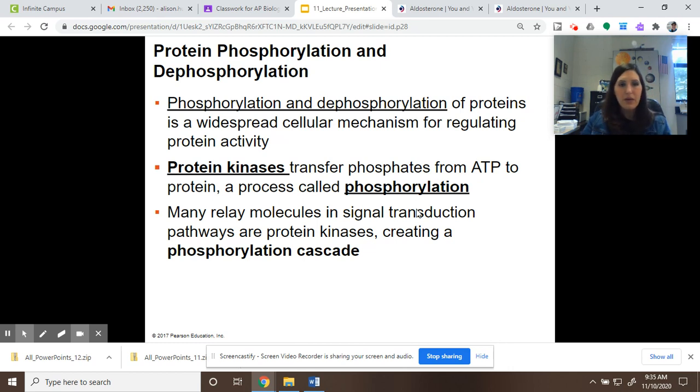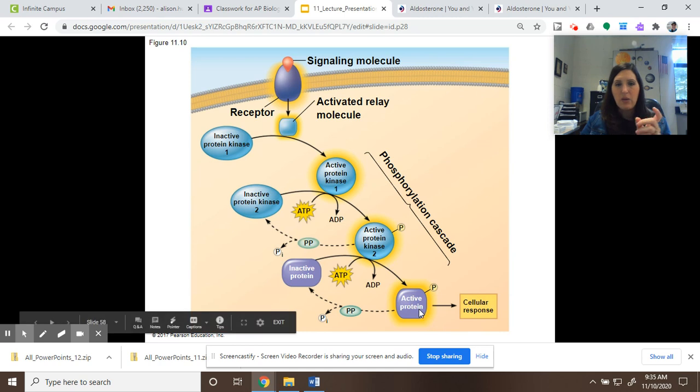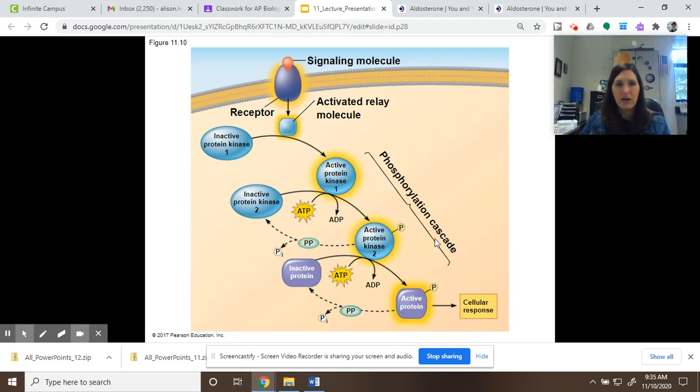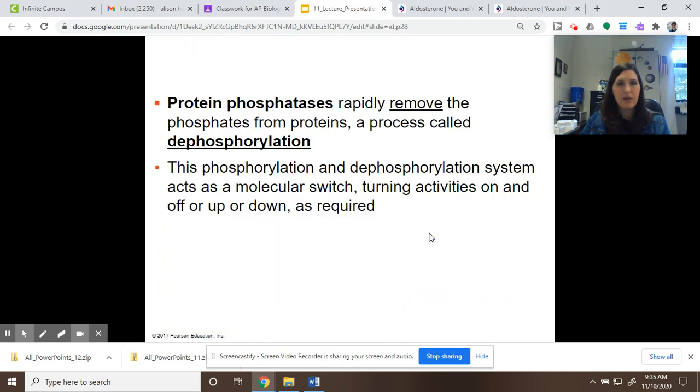And may relay molecules of a signal transduction pathway, creating a phosphorylation cascade. So here's the receptor protein, the signal coming in, and this is what they call the cascade. So you can see it coming down, coming to the next, and we get a cellular response. This is the phosphorylation cascade coming down. And dephosphorylation removes the phosphate from the protein.